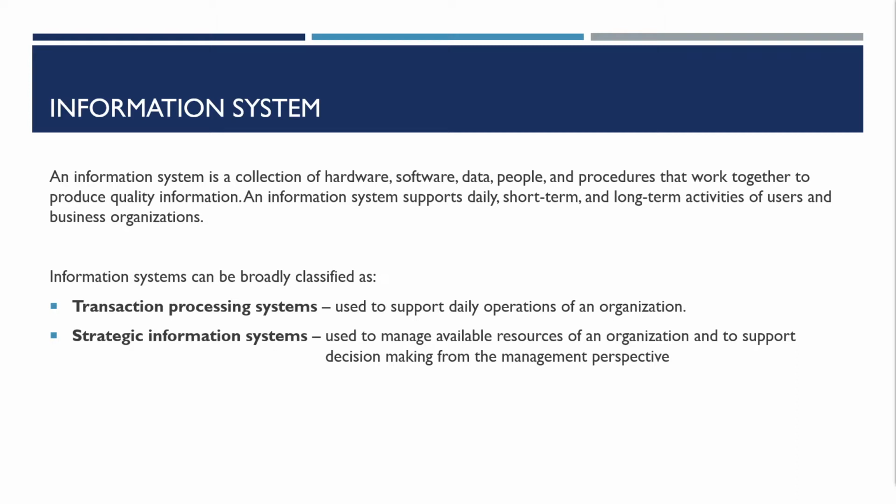So this type of system, this strategic information system, would help those in the decision body know what is needed to be done with the help of information data gathered in this system. Okay?